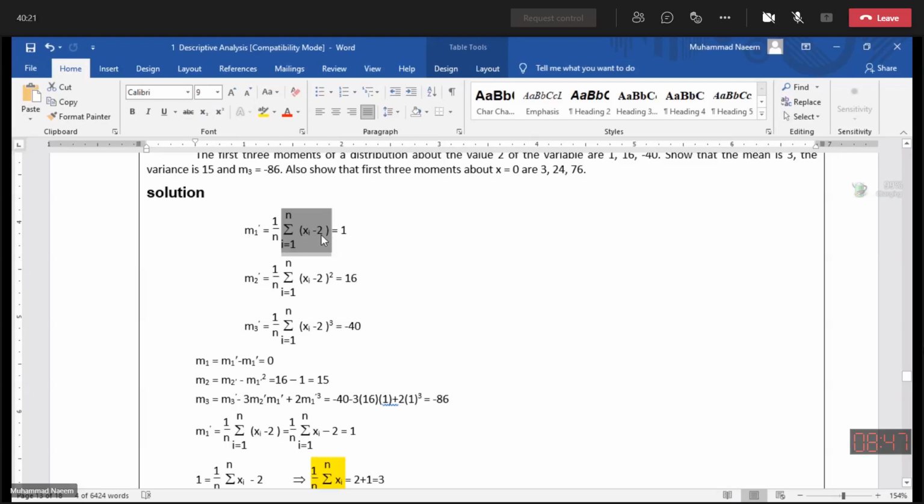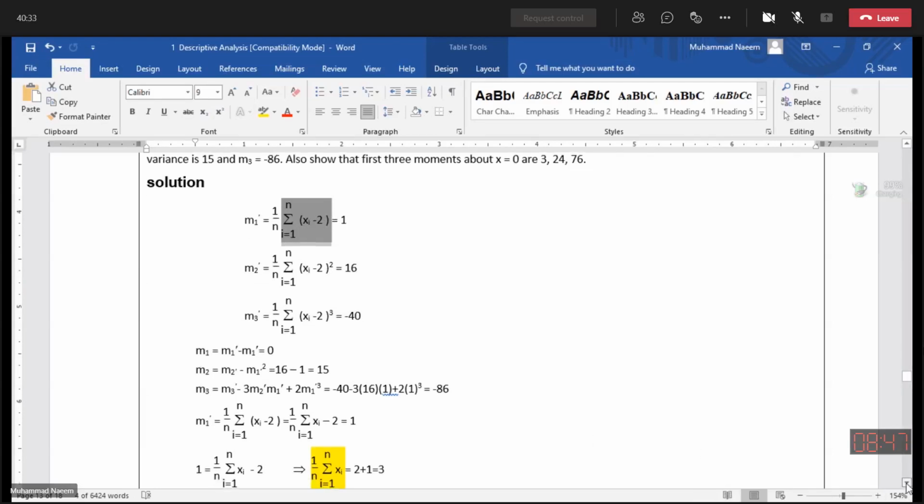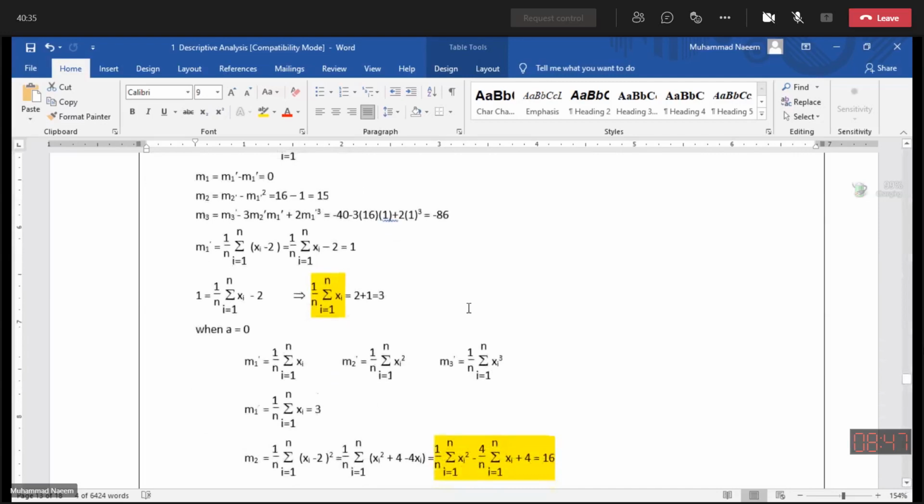We have power 1 of the deviations, just 2 terms with brackets. Apply sigma to both the terms. First one is xi, second one is 2, which is a constant. So when sigma is applied to a constant, it becomes n times, and dividing by n, we just get the constant.